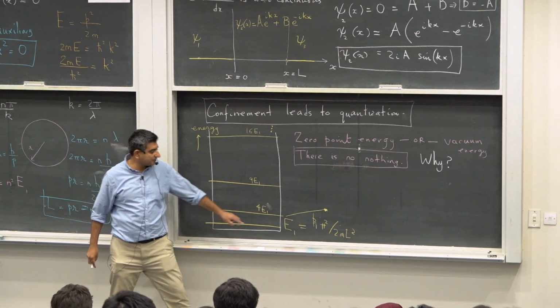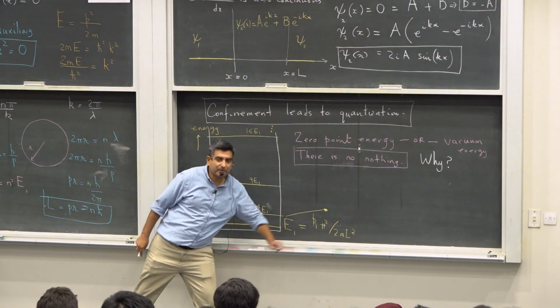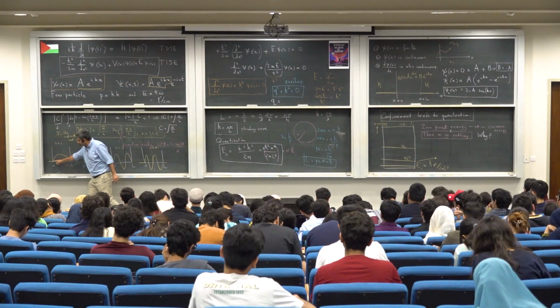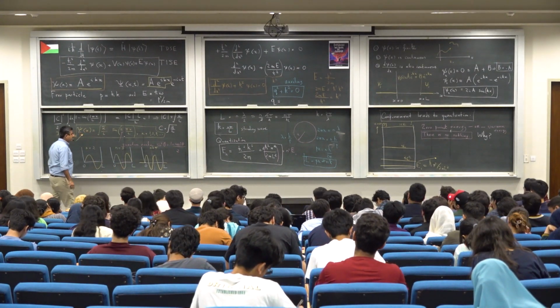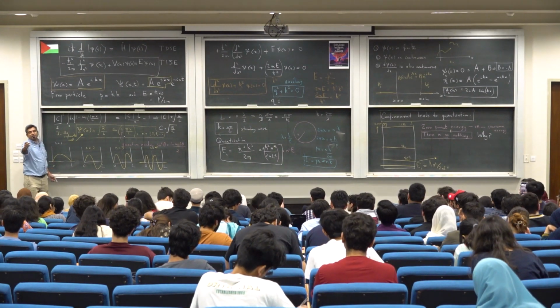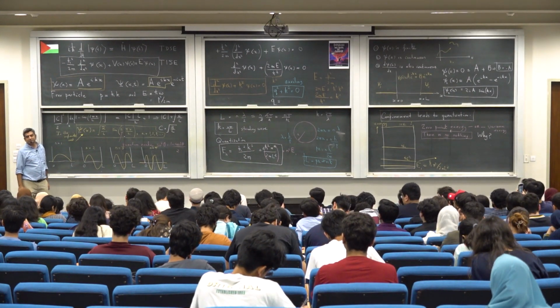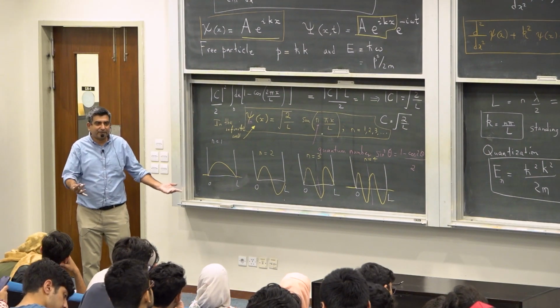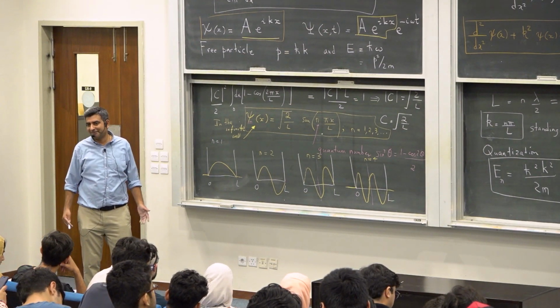The ground state has this much energy, h bar square pi square over 2ml square. The ground state has this wave function. Now, if I were to ask you the question, where is the particle? What will your answer be? Somewhere inside that region, but you don't know where it is.